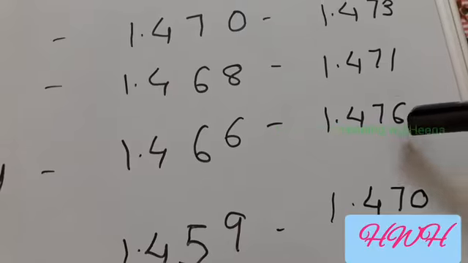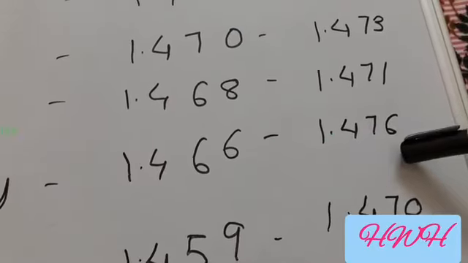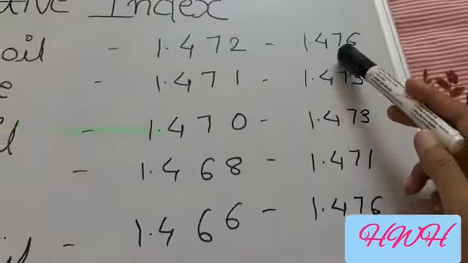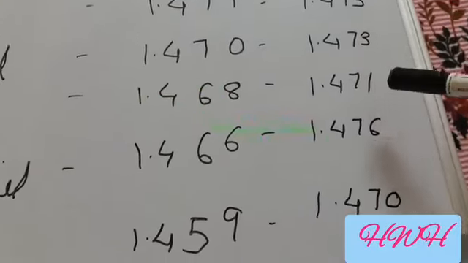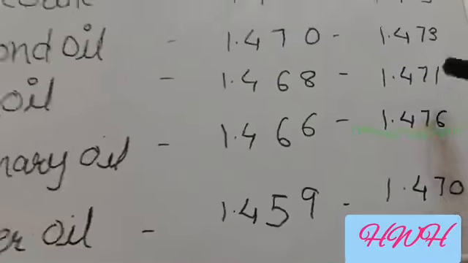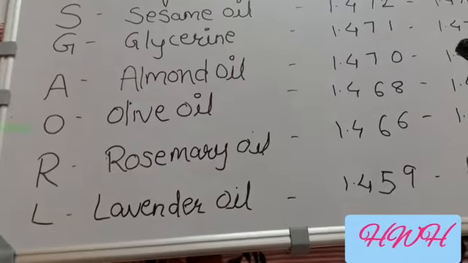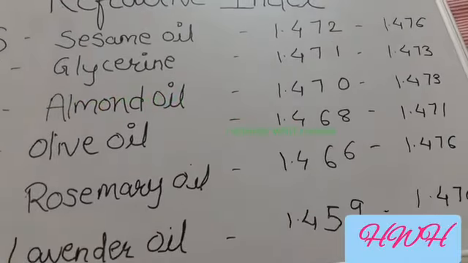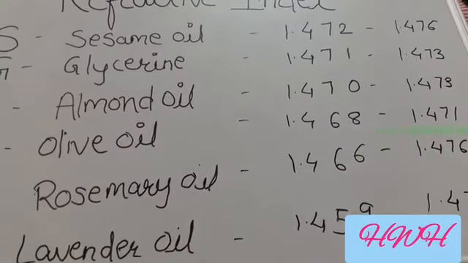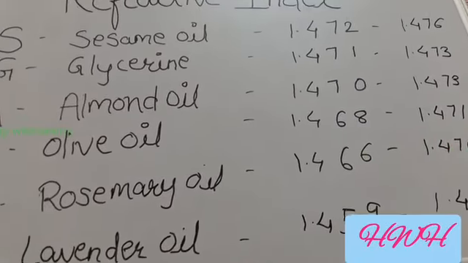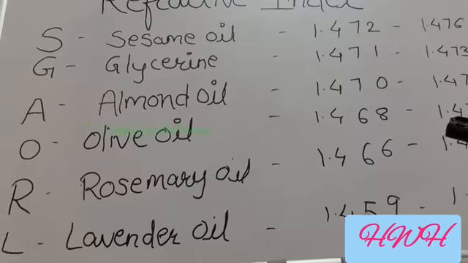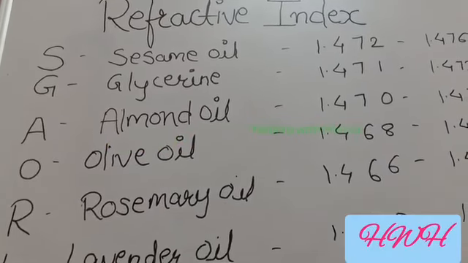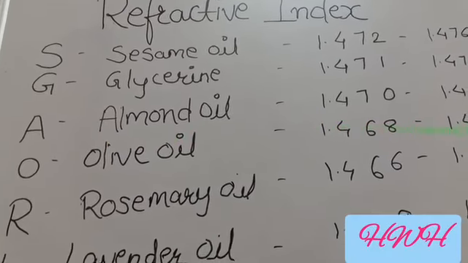Here this becomes a bigger number, but that is an exception. So for here 76, 73, 73, 71, 76 and 70. In this way you can remember SGAORL, that is refractive index, from above downward, from bigger value to smaller value. In this way you can remember the different refractive indices very easily.